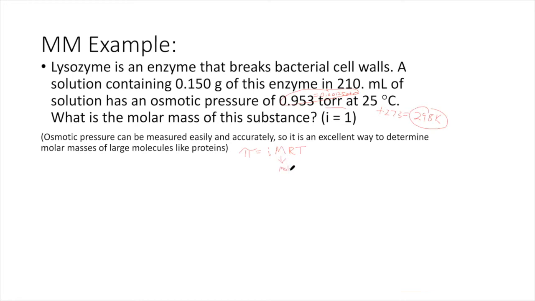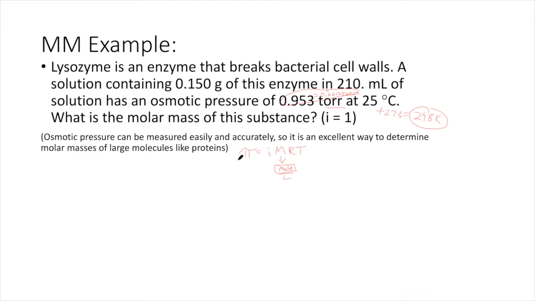This is moles per liter, right? And the reason why is because what I'm going to solve for really, first of all, is moles. And then once I know the number of moles by using this equation, rearranging and solving for moles from this equation, I also know the mass. So remember that a molar mass has units of grams per mole. So once I find the number of moles with this equation, I divide this mass by that number of moles, and I have units of grams per mole, which means I have the molar mass.